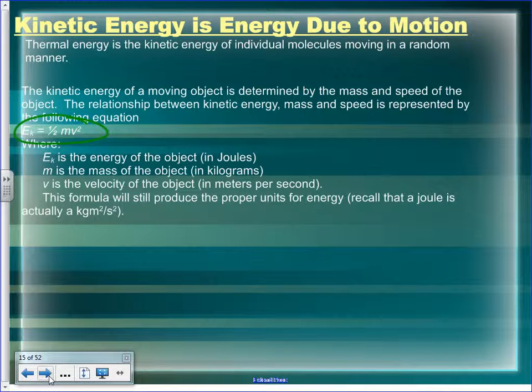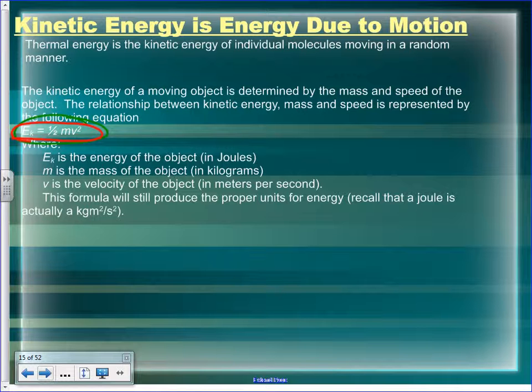All right, so the formula for kinetic energy is this. Kinetic energy is 1/2 times the mass times v squared. So which has a bigger effect on your kinetic energy, mass or speed? Speed, because speed is squared. If I was to double my speed, I would then have 4 times as much kinetic energy as I had before.